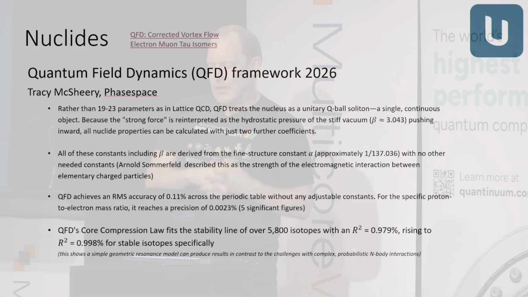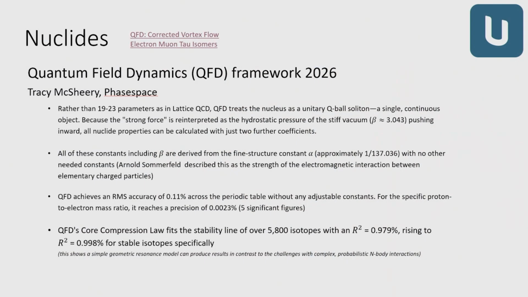So instead of 19 to 23 parameters, which are a whole bunch of constants, most of which we don't know or know how they're derived, there's actually only one constant, which is the fine structure constant. So that's the good old 1/137, which no one really knows why it's that.